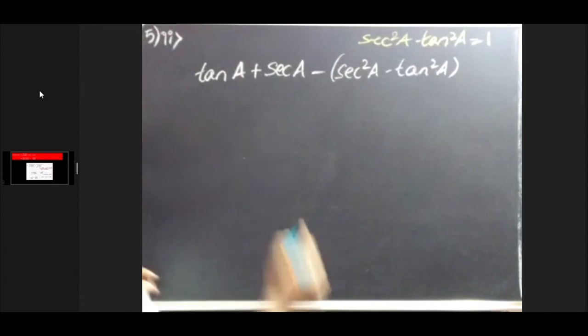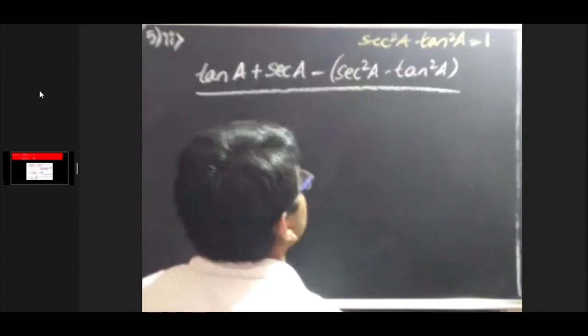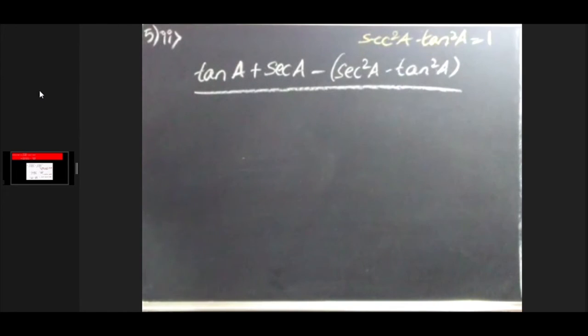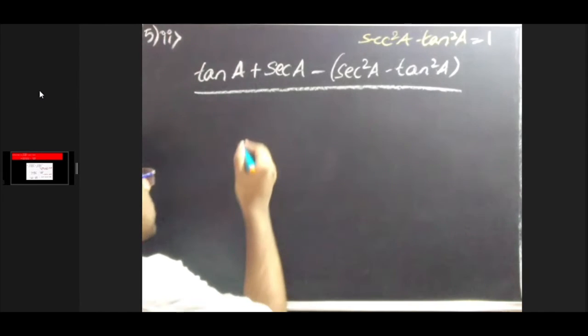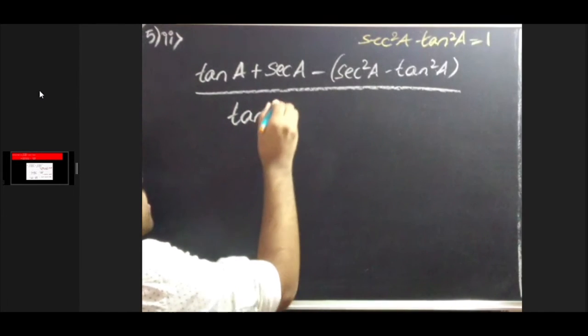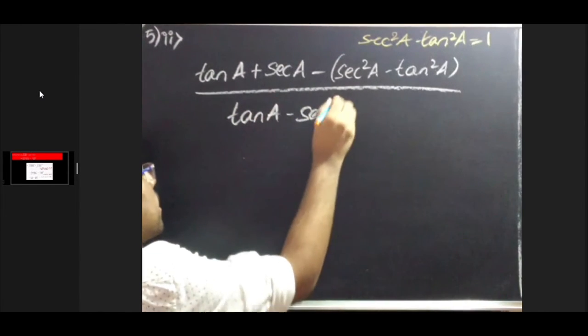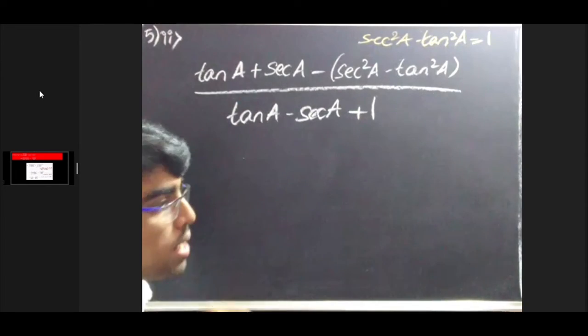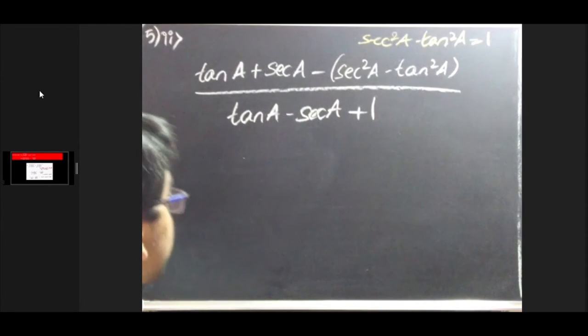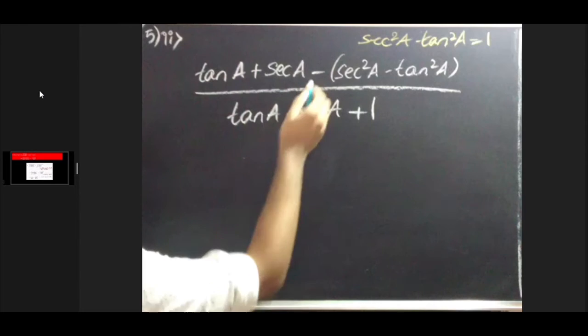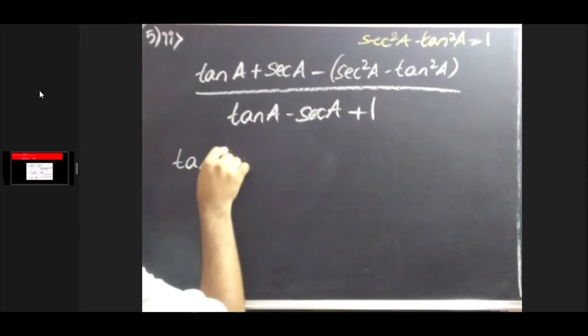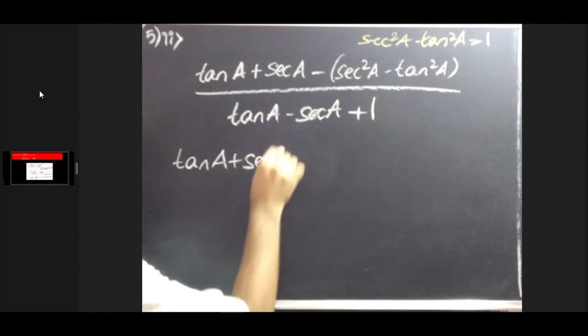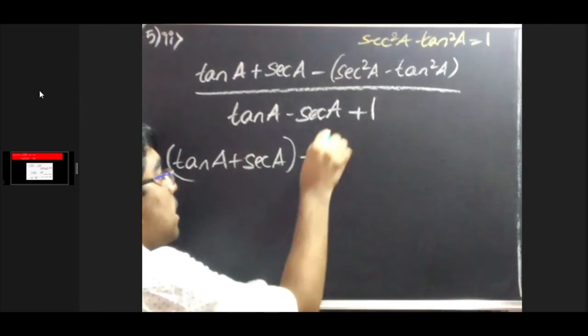Okay, then divided by whatever was given, tan A minus secant A plus 1. Tan A minus secant A plus 1 was given in the denominator. So here I will take tan A plus secant A as one group, minus I will keep as such.